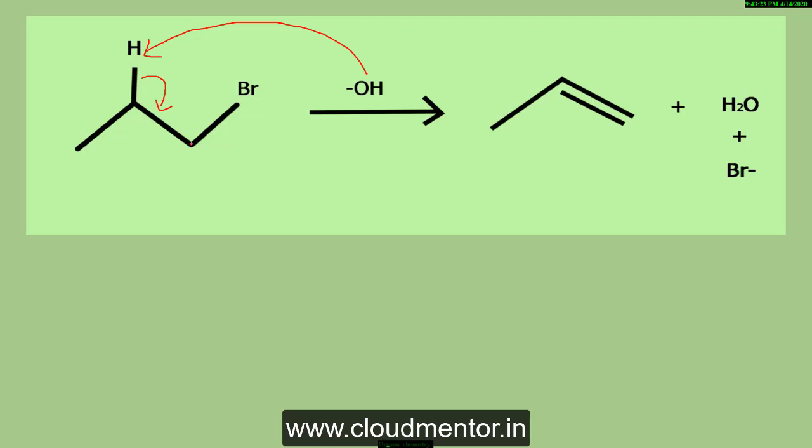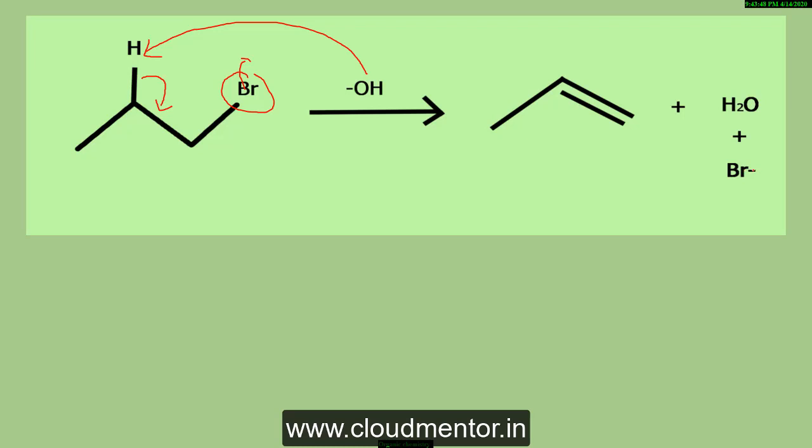And just as with a substitution reaction, a leaving group must leave. Here the leaving group, that is bromine, must leave from this molecule. So what is left is a propene molecule, a water molecule, and a bromide ion.